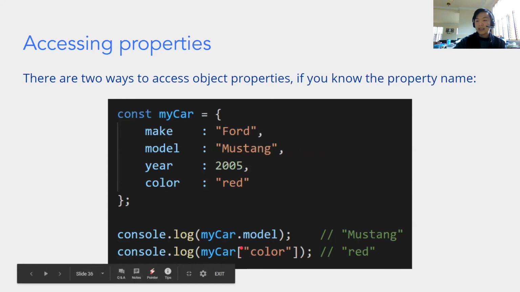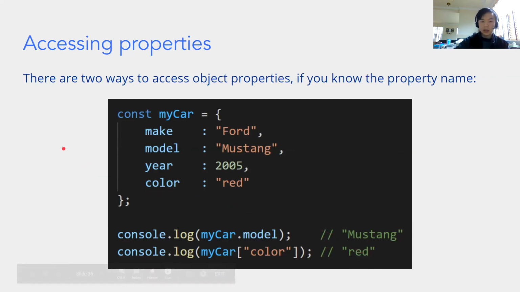Or you can access it kind of like an array, but with the name of the property inside the square brackets. If you're familiar with Python, this is like a Python dictionary. So you can access it sort of like that, and you can get the value as well. 2 ways to do it. Use whichever makes more sense in context. If they both seem to make sense, just pick one.